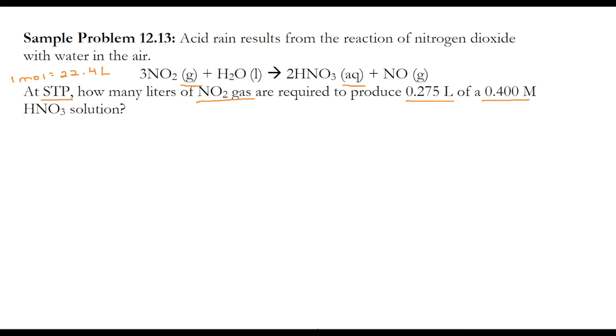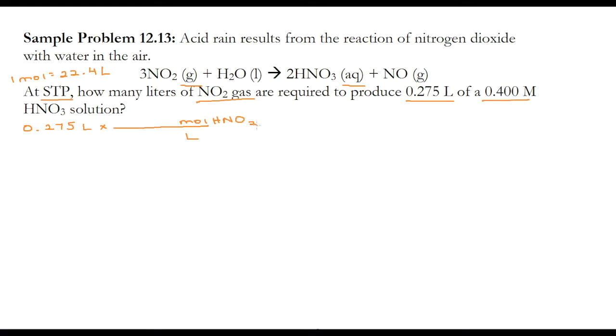So I'm going to be solving for NO2 eventually, so I'm going to start off with my given, which was the 0.275 liters of HNO3. I'm going to convert that into moles of HNO3 because I want to be able to get into moles of NO2.